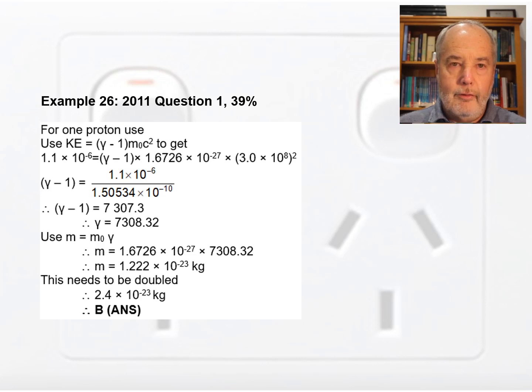We then use the link that the mass is equal to m naught times gamma, and that's going to give me the mass of 1.222 by 10 to the minus 23 kilogram. We actually need twice that, because we were just working out for each proton, which gives me 2.4 by 10 to the minus 23 kilogram. Therefore, the answer is B.